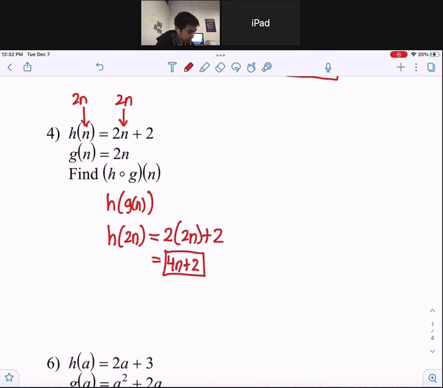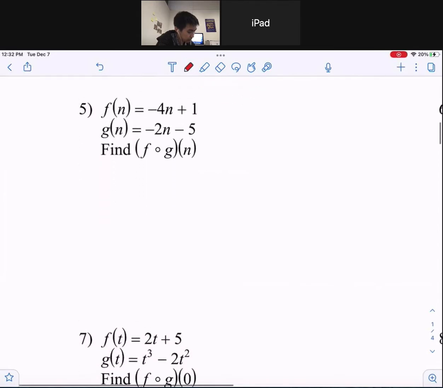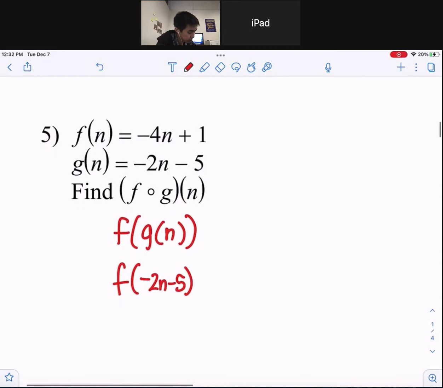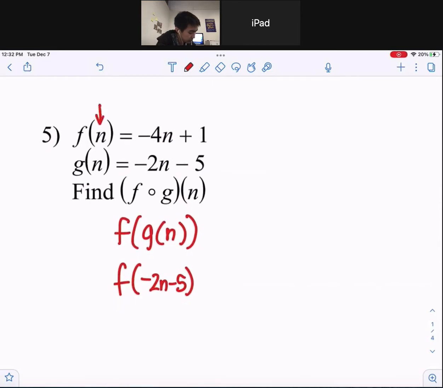Okay, so it just takes some getting used to, right? Here, f of g of n, so replace the g of n for negative 2n minus 5. Just putting this right into here. So in the f function, you are literally substituting in negative 2n minus 5 everywhere into the n.